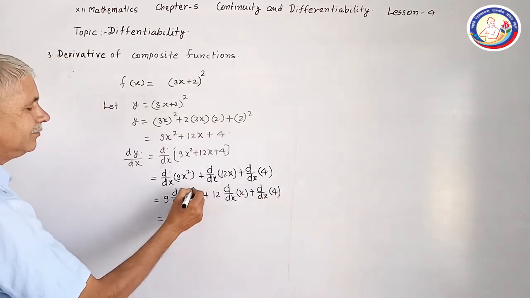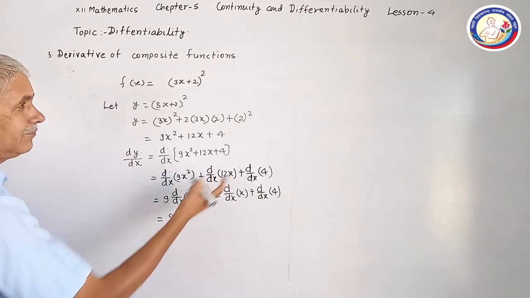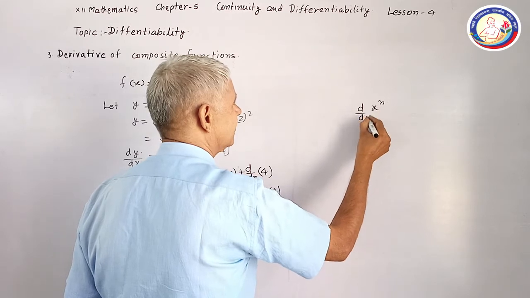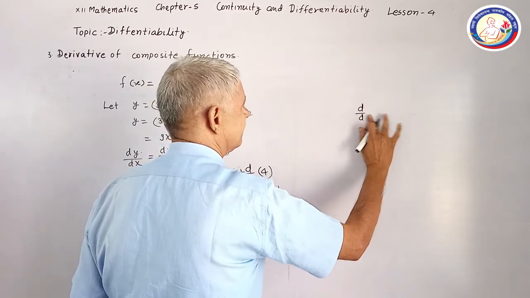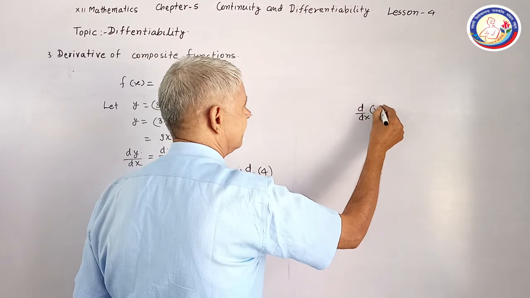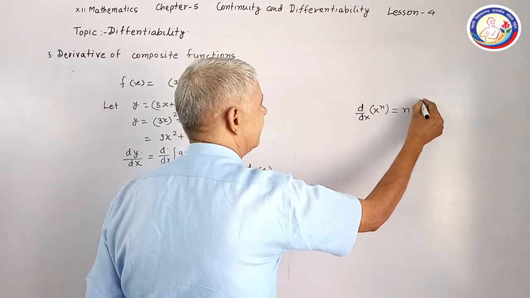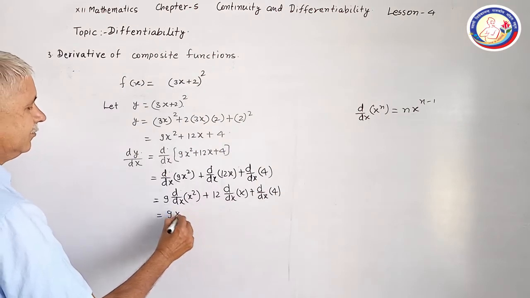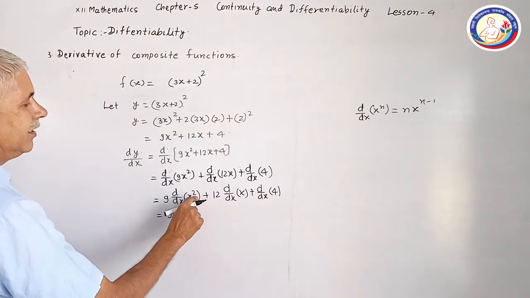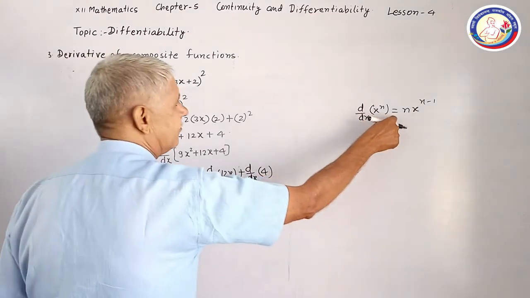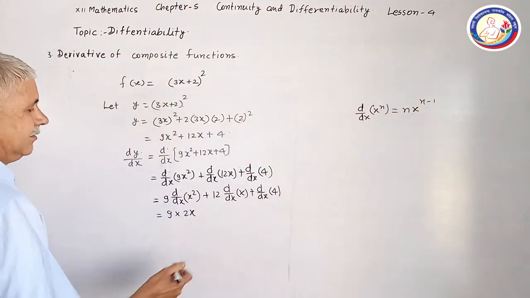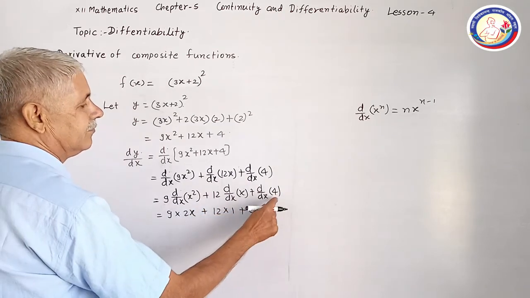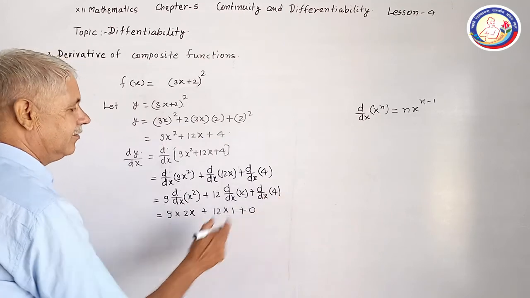What will this be? This will be 9 into 2 into x raised to power 1, by this formula: the derivative of x raised to power n is n x raised to power n minus 1. So 9 into 2x simply, plus 12 into 1 plus 0, because the derivative of a constant is always 0.